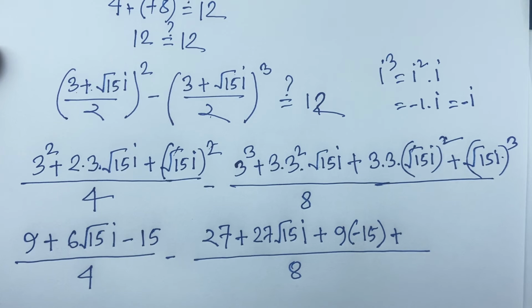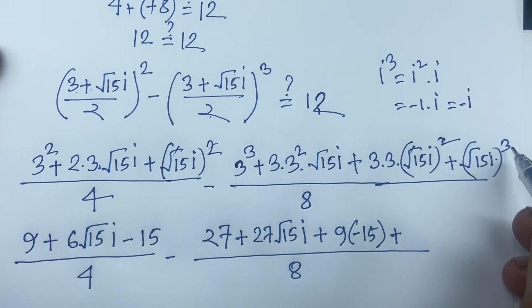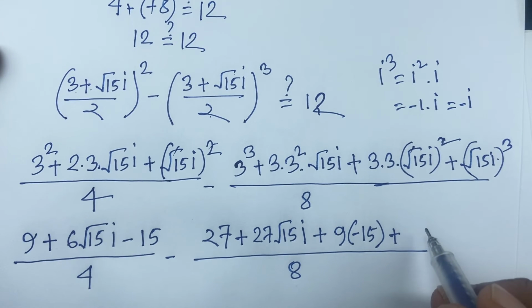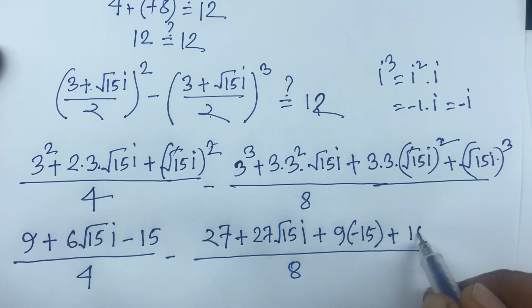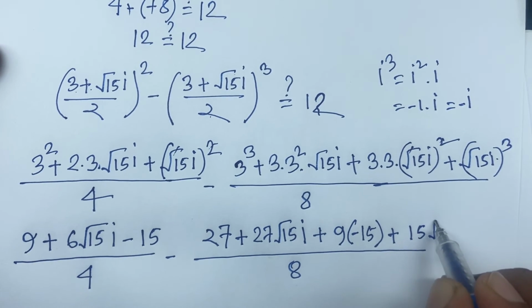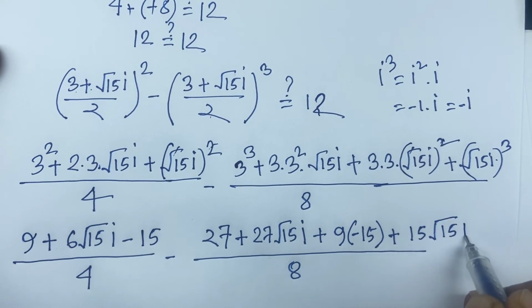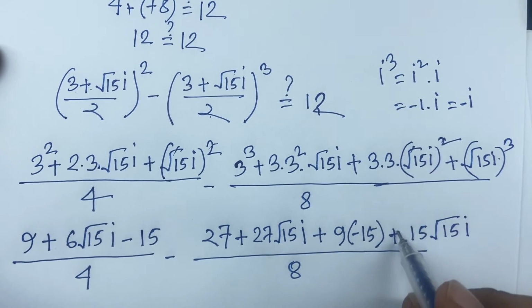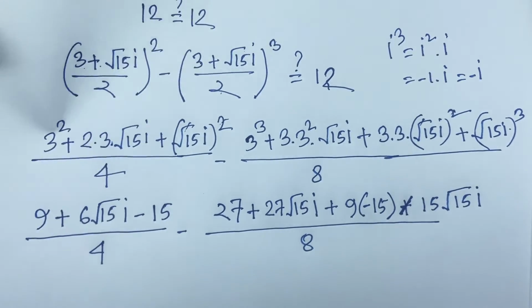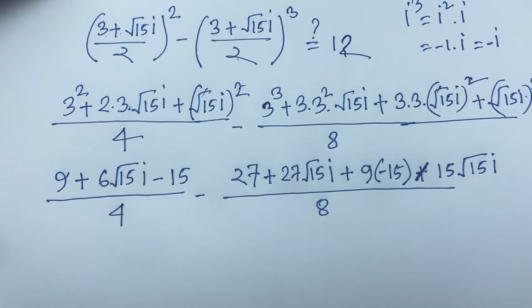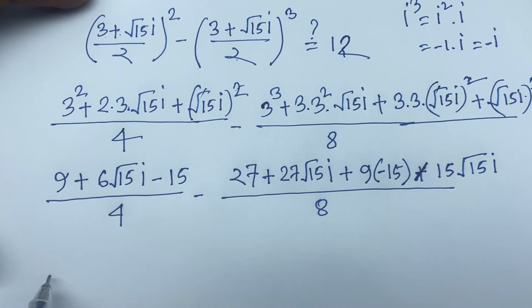And here is square root 15 to the power 3. So I can see easily it will be 15 square root 15i, and here is minus, so it will be minus. Okay, and at this moment I can say easily the least common value is 8.